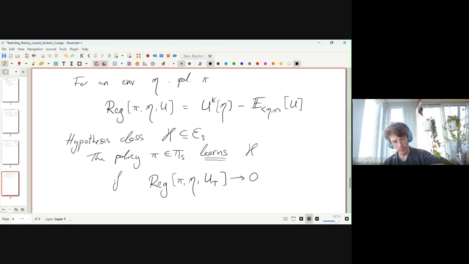If this goes to 0 as t goes to infinity for all environments in the hypothesis class. This is going to be a key definition going forwards. So maybe we can pause for a minute to digest it and ponder over it.